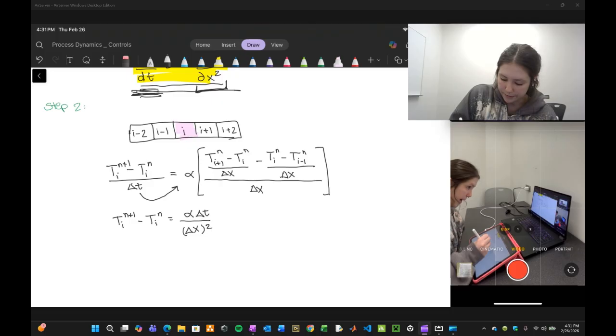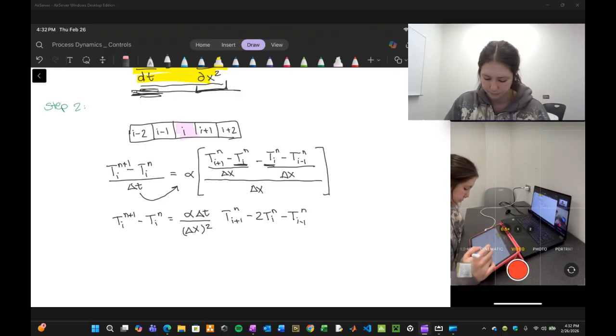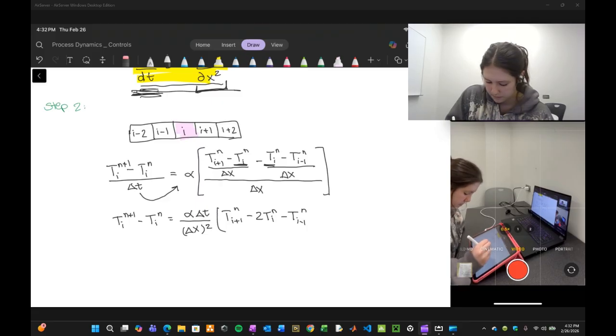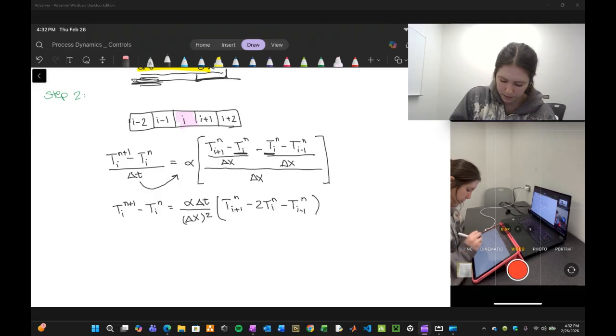And then we will have the rest of our equation, which we have two of these terms here. So that will be minus 2 times the temperature at position I and time n, and then minus T of I minus 1 at time n. And then further, we can move this term over there.